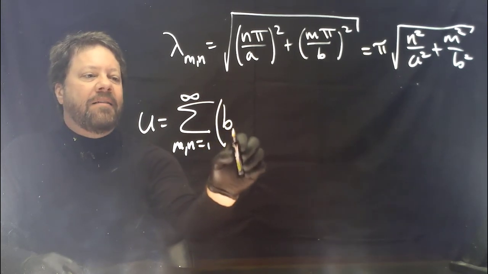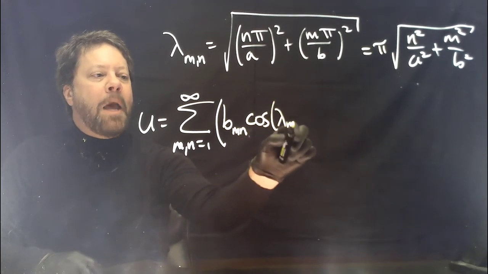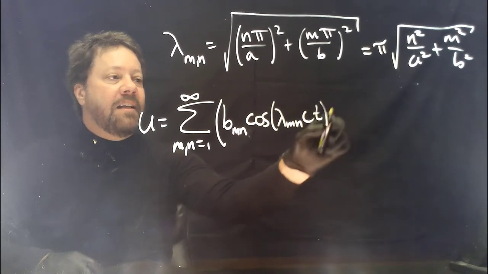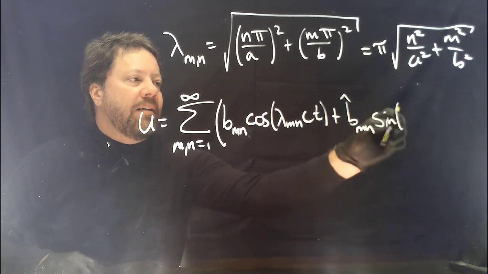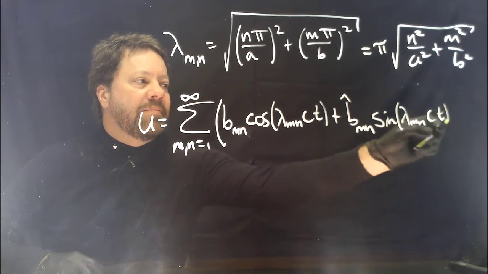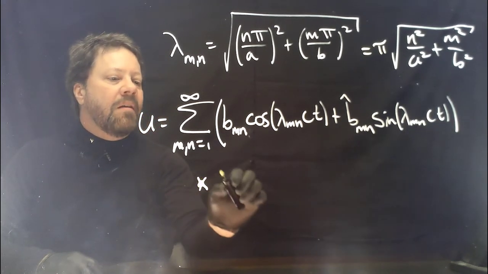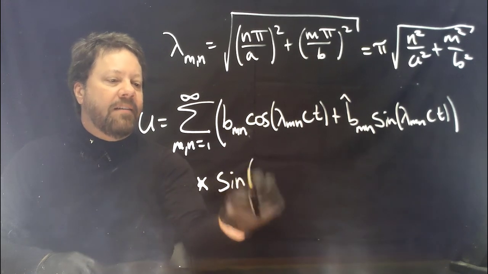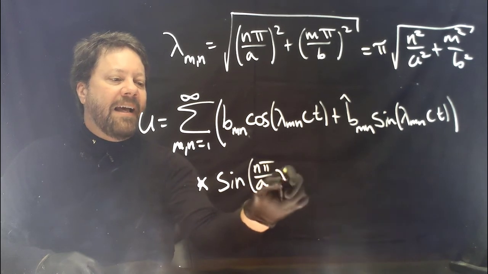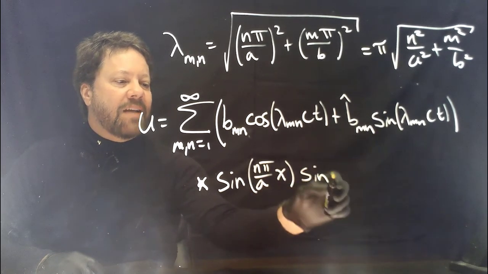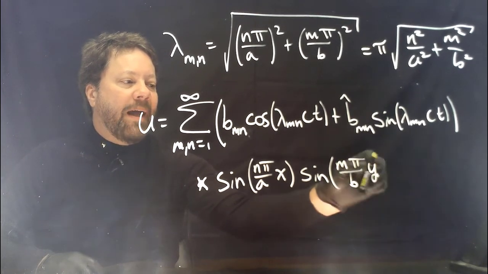We'll have b mn cosine of lambda mn c t plus b hat mn sine lambda mn c t, times, we still have to multiply by the sine of n pi over a x times also the sine of m pi over b y.